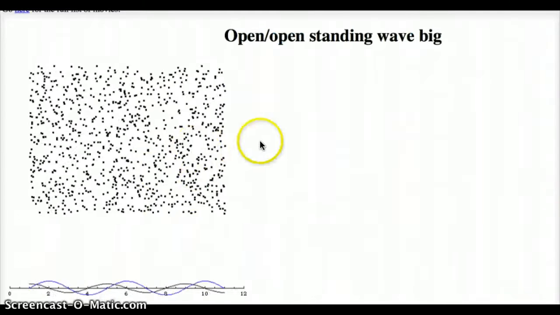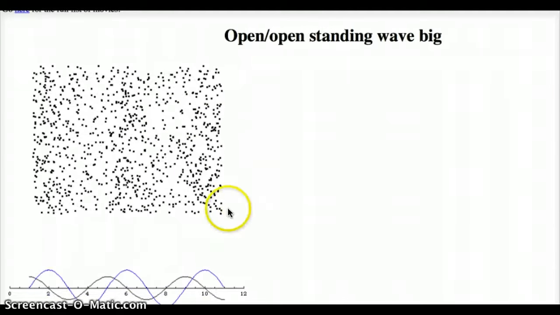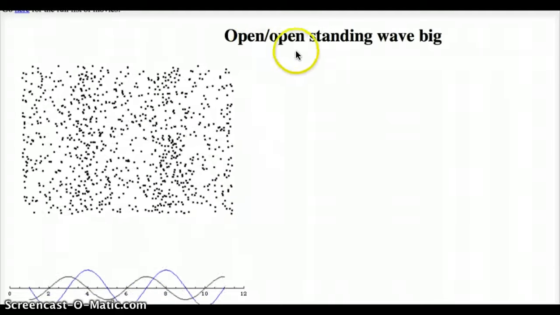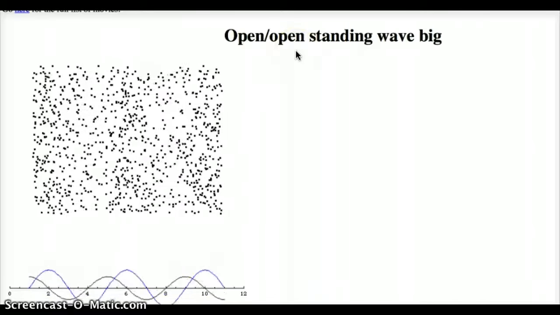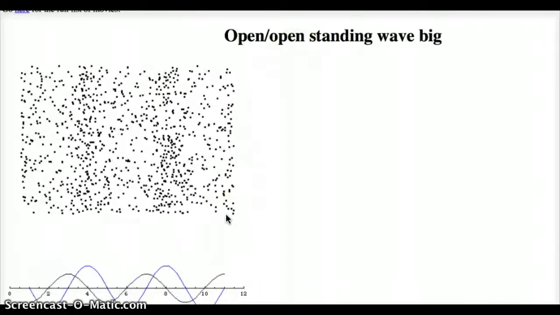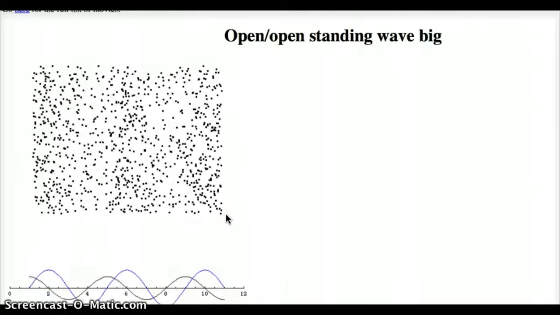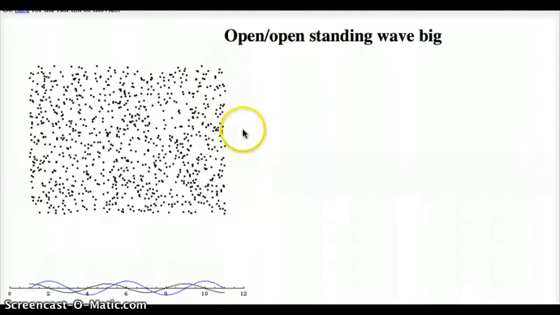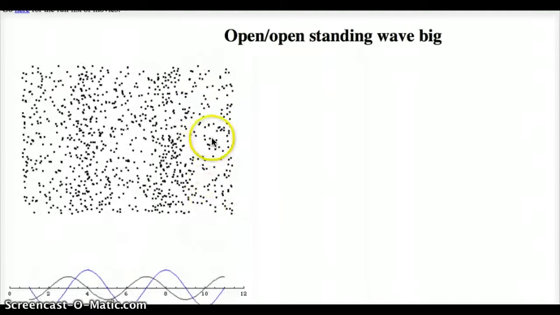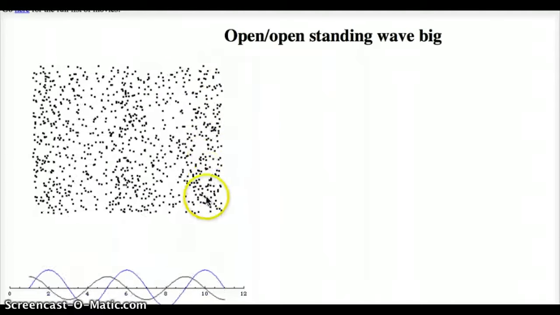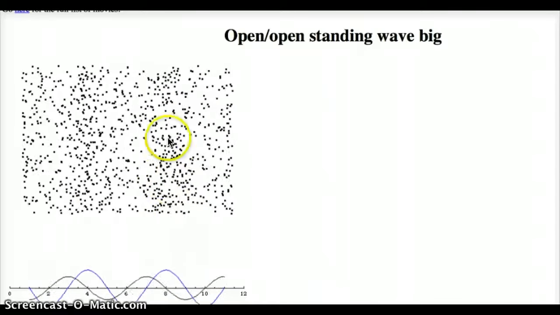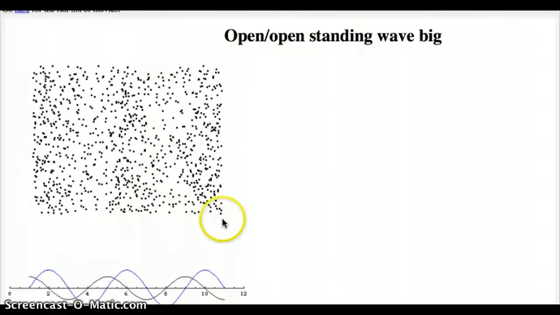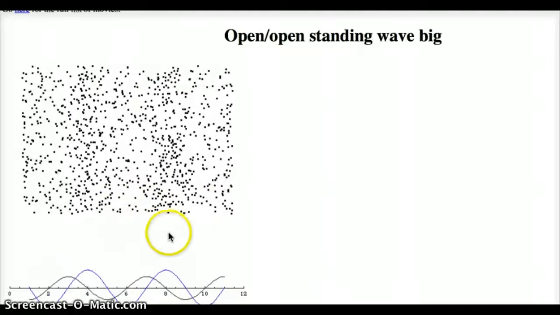When talking about tubes, we were also looking at these molecules and how they work. So this one is open-open. For open-open, you can see that the molecule at the end here can move more freely than the molecule here, and you can see that here, that's a node, and that's a node there. They're not moving, and these are the antinodes, those ones that are moving.